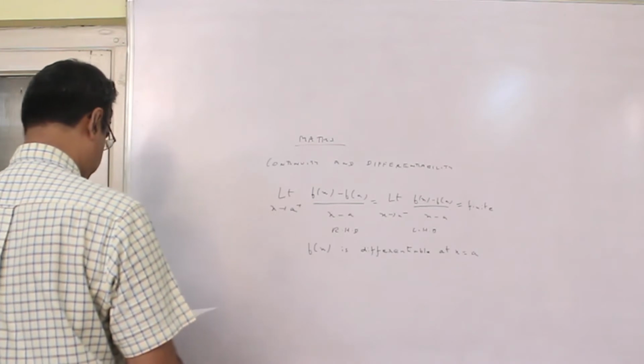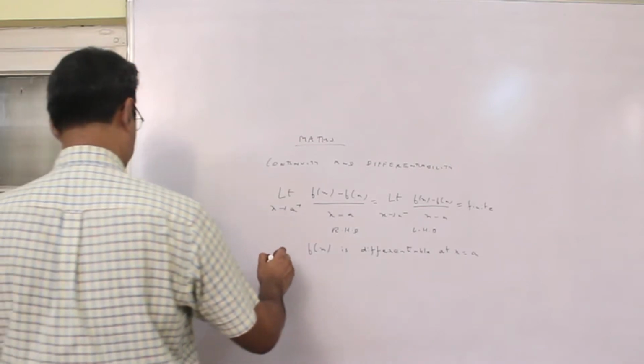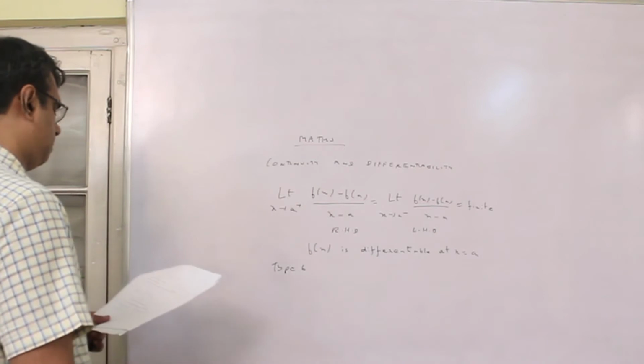Now in the theory sheet, let us have a look at type 6 of the theory sheet.